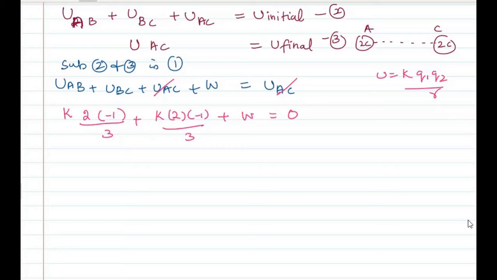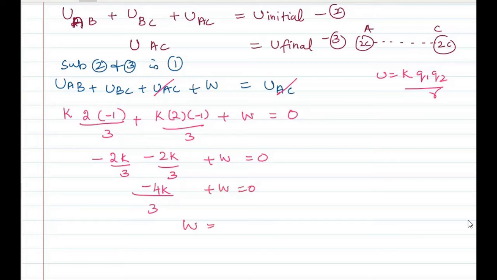Then we'll get minus 2k by 3, minus 2k by 3, plus W is equal to 0. So with 3 we get minus 4k plus W is equal to 0. Bringing this to the other side, we'll get 4k by 3.